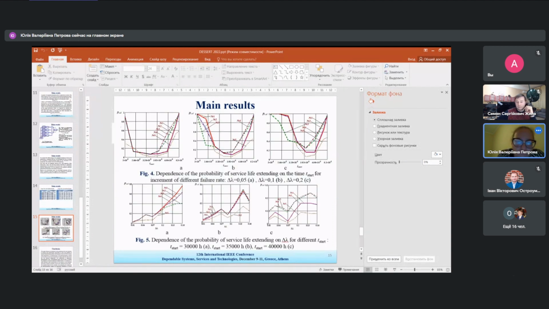And then we built these graphics. It's the dependence of the probability of service life extending on the start time for increments of different failure rate, and the difference of the probability of service life extending on the increment of failure rate for the different start moments.